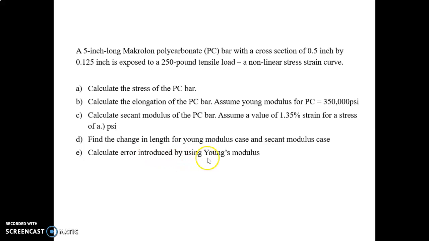Calculate error introduced by using... yang ni awak kena calculate error dia. Awak kena kira formula yang sama juga yang awak dapat dekat D. Okay, which is strain is change in length.